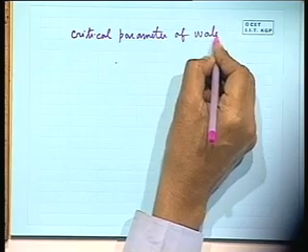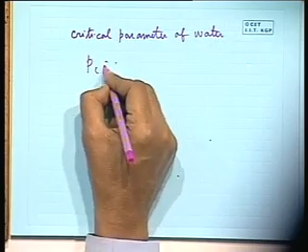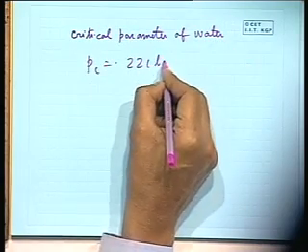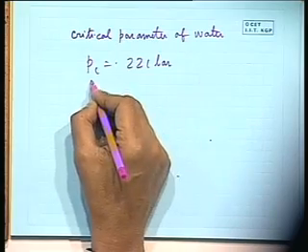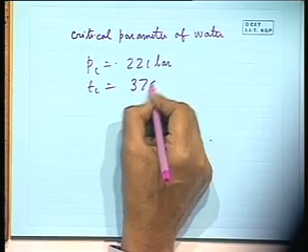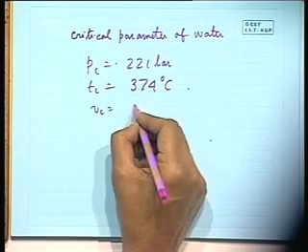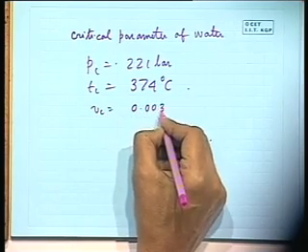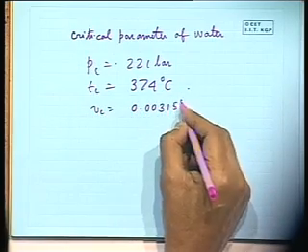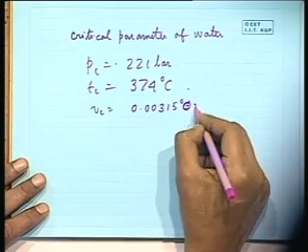This is information many of you know: PC is 221 bar, approximate values, I am not going for the decimal point. TC is 374 degrees Celsius and VC is 0.00315 meter cube per kg.